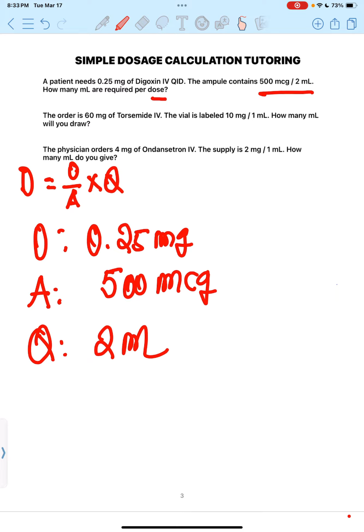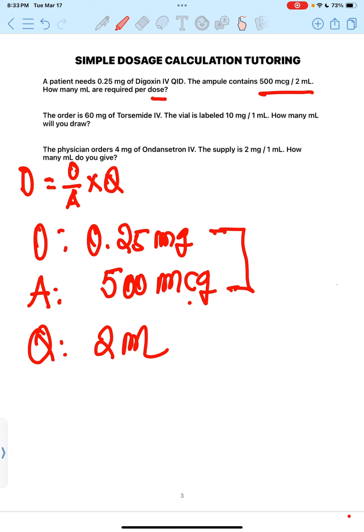But what did I say? This and that one have to have the same unit. I've got microgram, I've got milligram. So I can decide either to bring microgram to milligram by dividing the 500 by 1000, or I can take the milligram and push that to microgram and multiply by 1000.